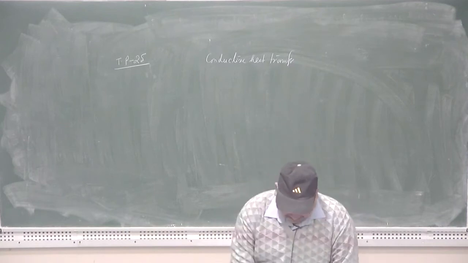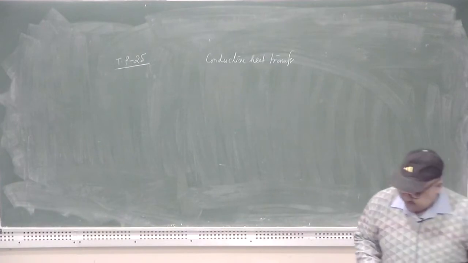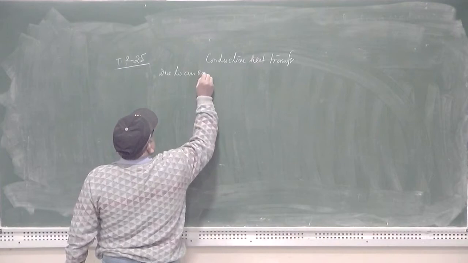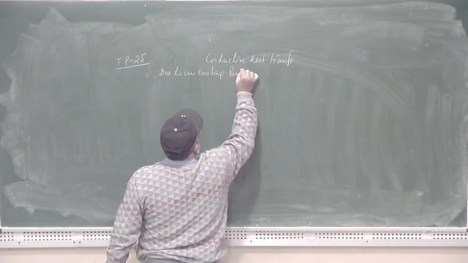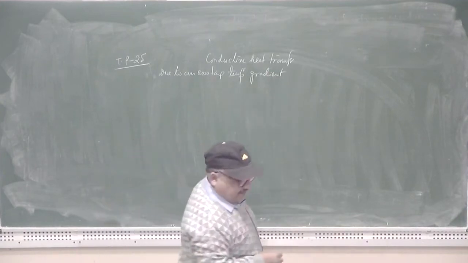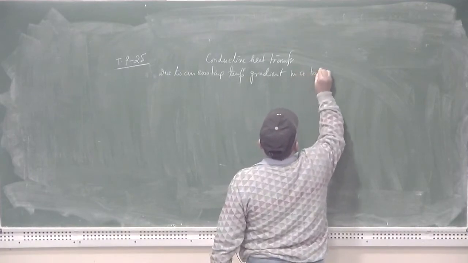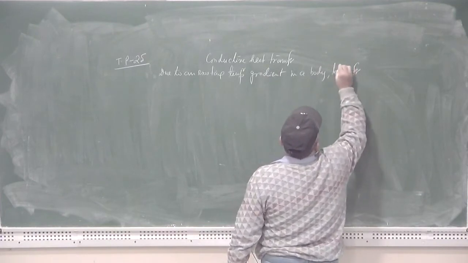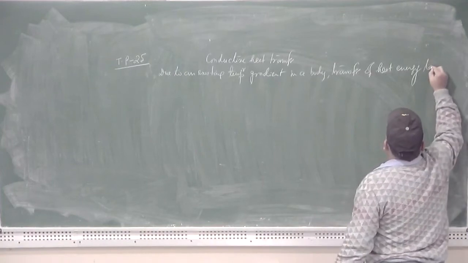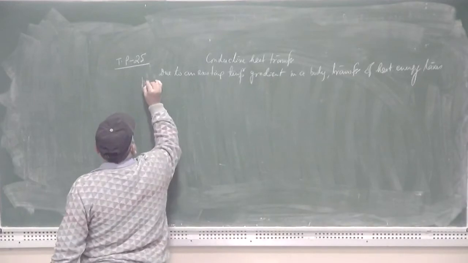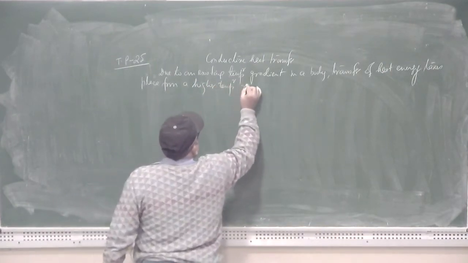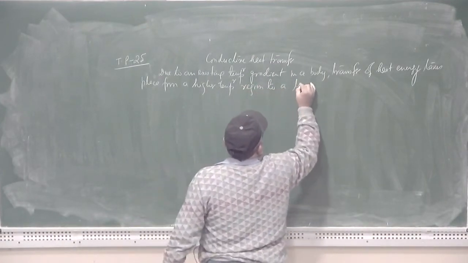So, basically, due to an existing temperature gradient in a body, transfer of heat energy takes place from a higher temperature region to a lower one.